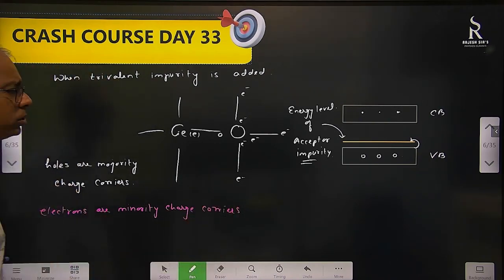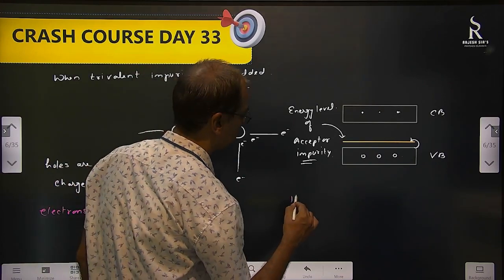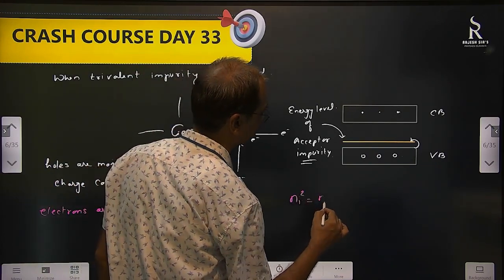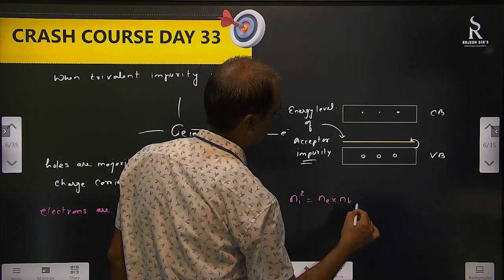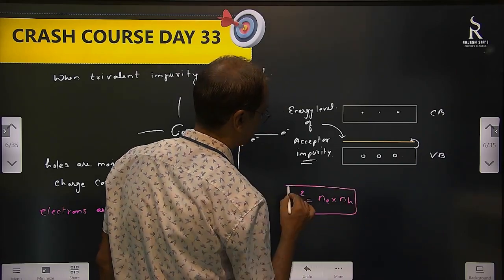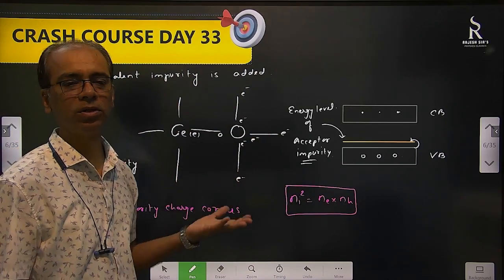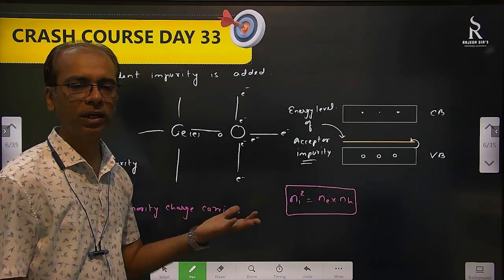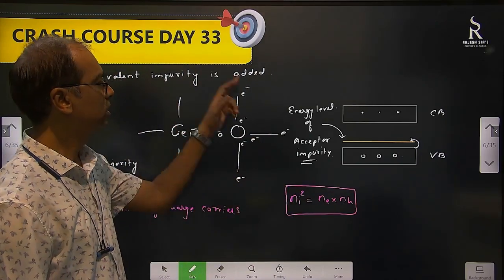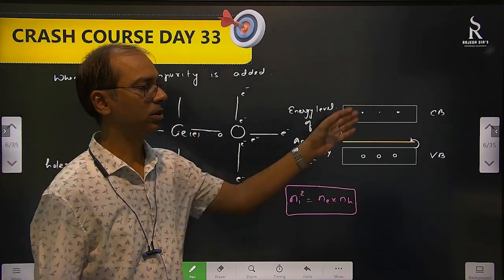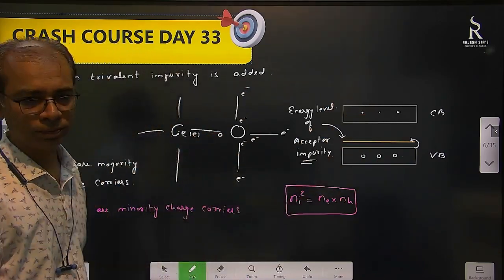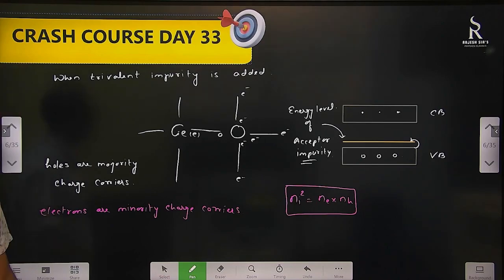In this one also, our relation is valid, and the crystal is neutral, because charge is not lost. Nobody has taken an electron, nobody has given us an electron. The crystal was neutral before and is neutral after. So Ni square equals Ne into Nh.